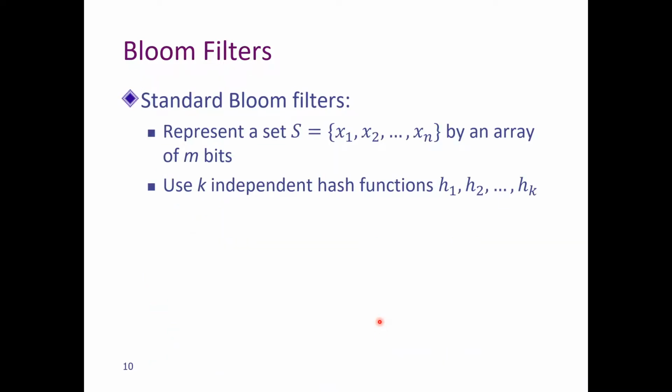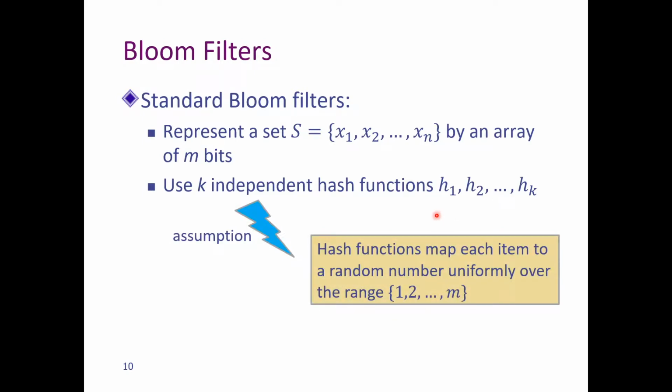A standard Bloom filter represents a set S, and S includes n members, x1 to xn, by an array of m bits. In addition, we use k independent hash functions. So there are three important parameters: n, m, and k.